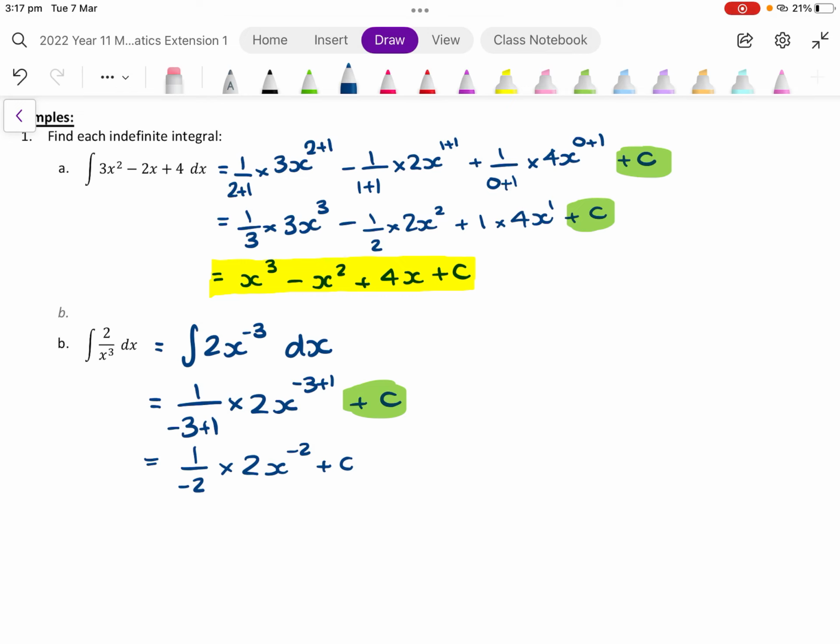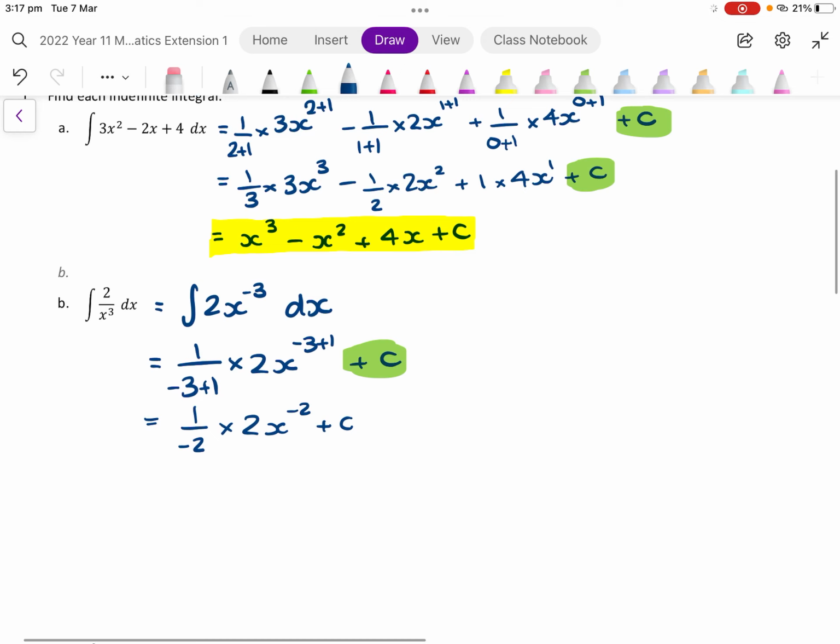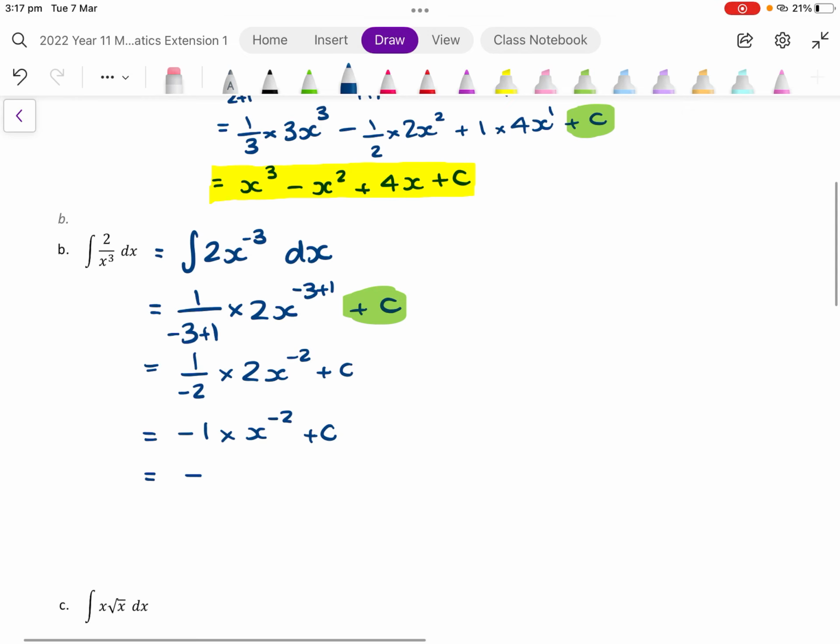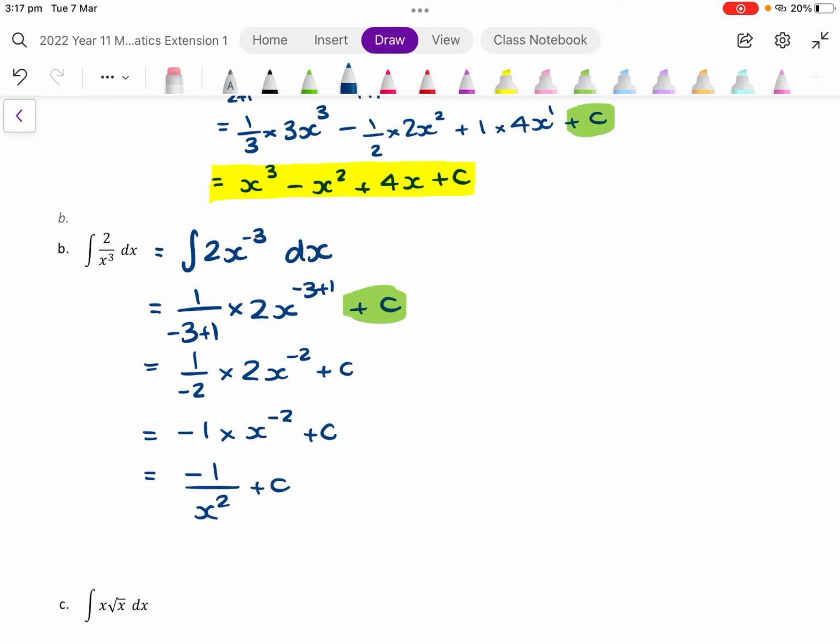And so then 1 over negative 2 times 2 is equal to negative 1, times x to the power of negative 2, plus c. We can write our negative 1 times x to the power of negative 2 as negative 1 over x squared, plus our c. Now, do not forget your plus c there.